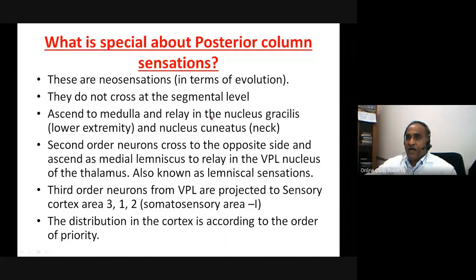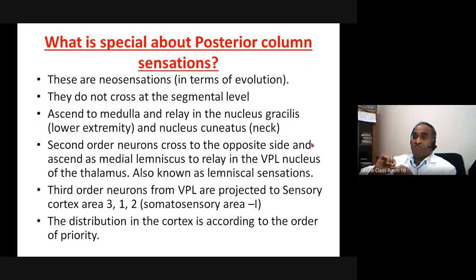In the medulla, they again relay in nuclei known as the nucleus gracilis and the nucleus cuneatus. I will talk about them. From these, the second order neurons start. The axons cross to the opposite side and ascend as the medial lemniscus. Medial lemniscus is a bundle situated medially, a medial ribbon.